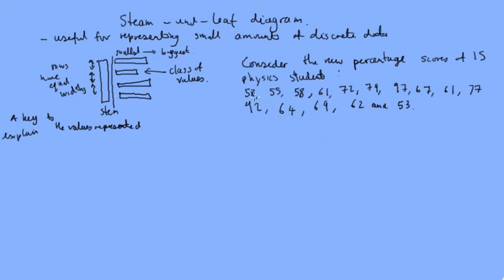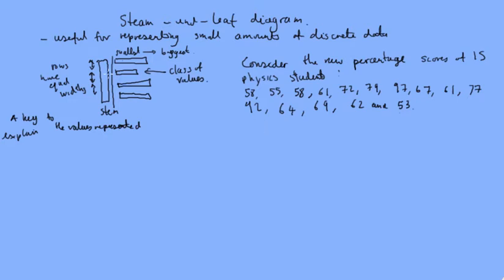So what we're going to do is we see the lowest one is 53 and the highest is 97. And so we're going to make the width of each class 10. We're going to jump up in tens, so we're going to group them in tens, and because the lowest is 53, we're going to start in the 50s.